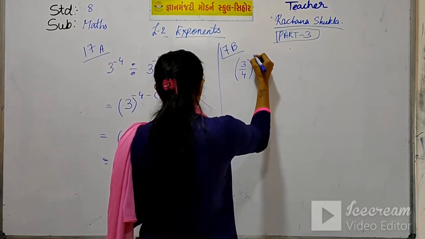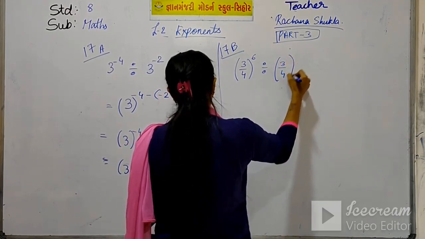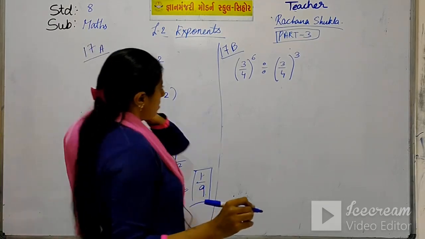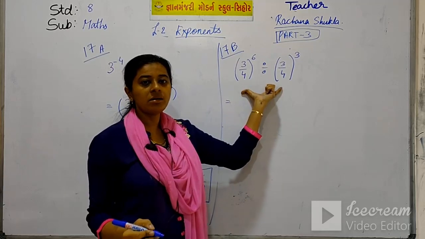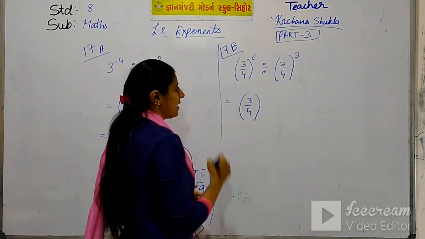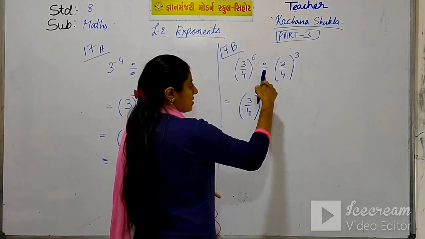3 upon 4 to the power 6 divided by 3 upon 4 to the power 3. So 17b. Bases are the same. 3 upon 4 one time. Powers are different, so 6 minus 3. Why minus?